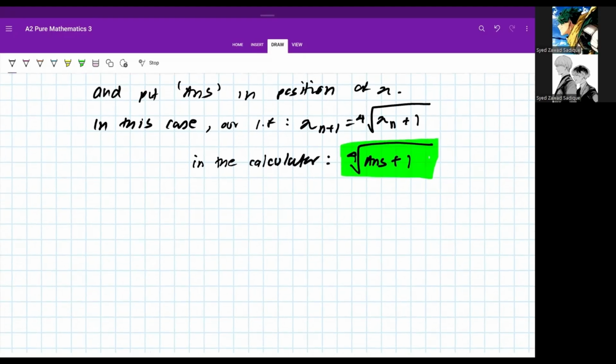Then again, press the equal sign, and the next value you get is x2.